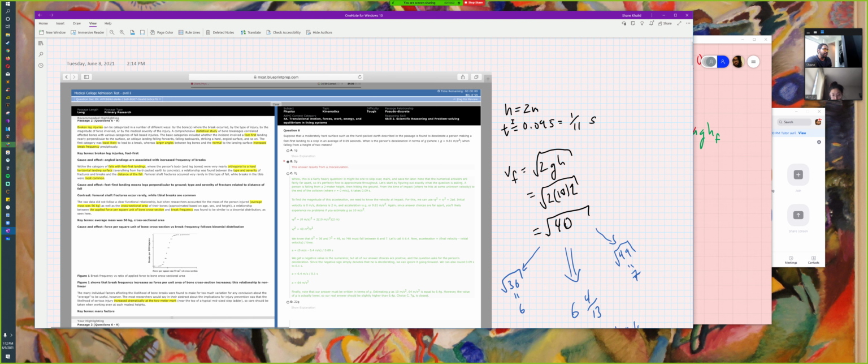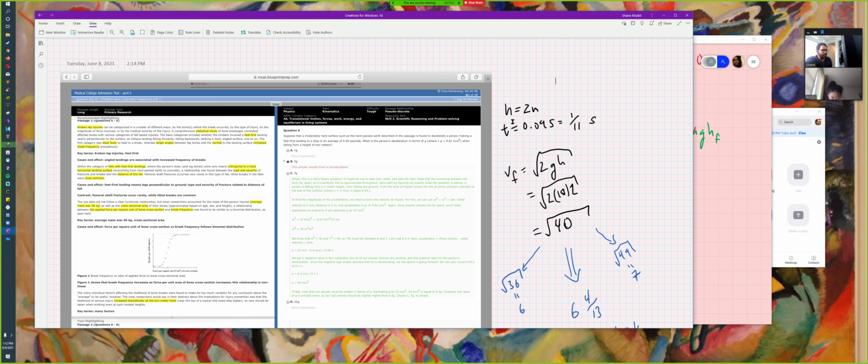So anyway, we basically have the height, which is 2 meters, right? The time, which is 0.09 seconds, which is 1 over 11 seconds. And they're asking for the acceleration, which is just the change in velocity over time, right?